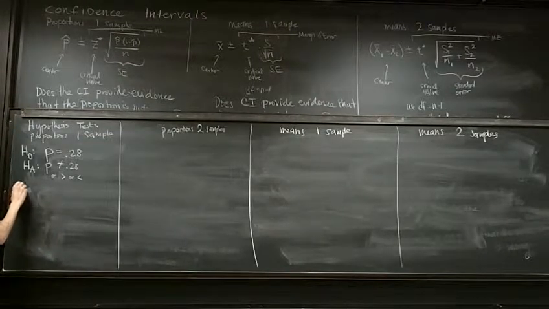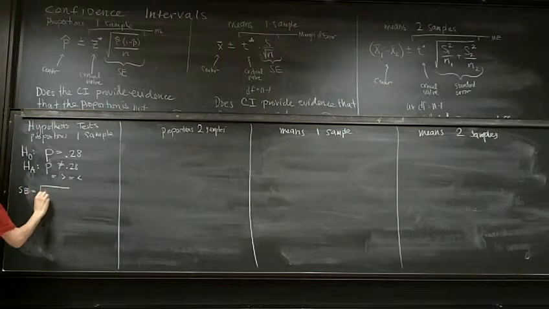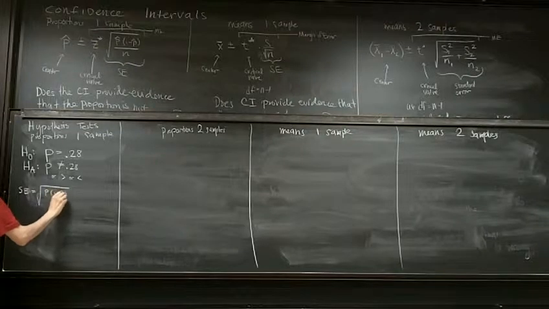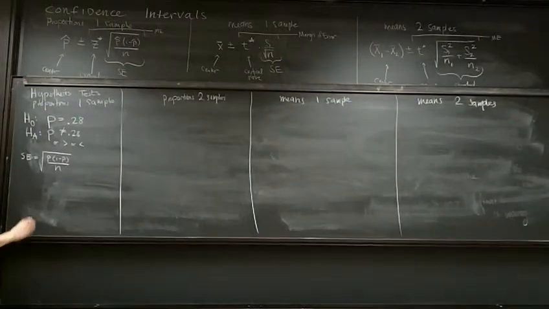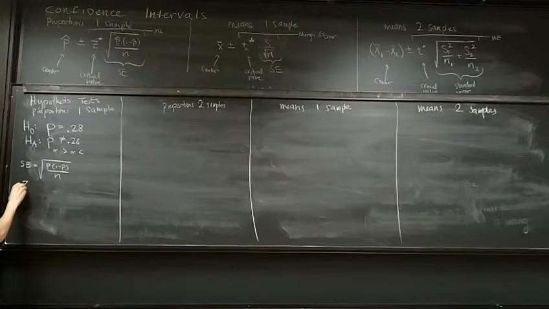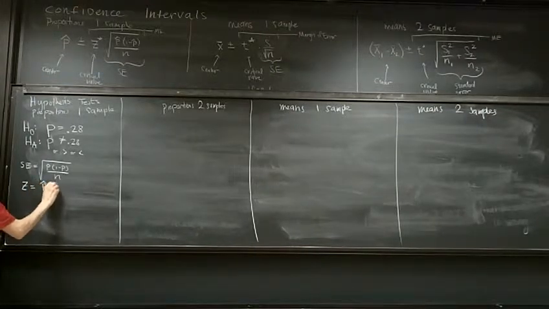Standard error: square root of P times 1 minus P over N. And your test statistic is a z-score, and that's P hat minus P over the standard error.